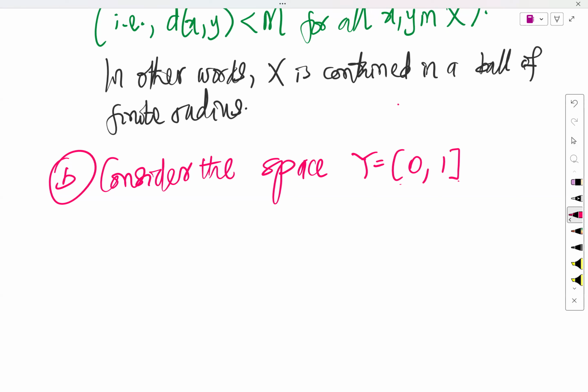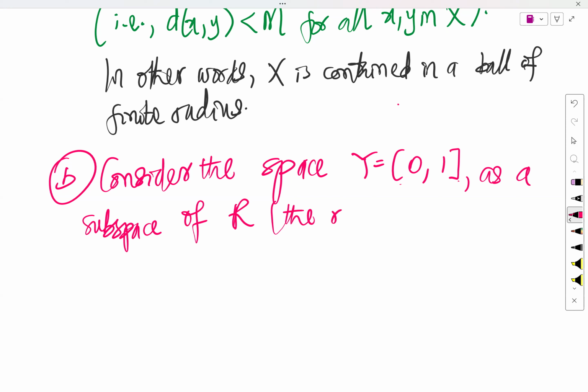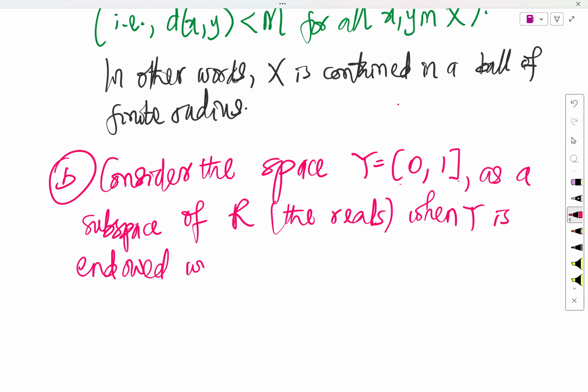Consider the space Y equals (0, 1] as a subspace of the real numbers R, when Y is endowed with the subspace metric.